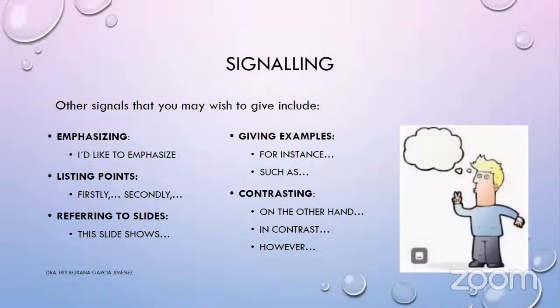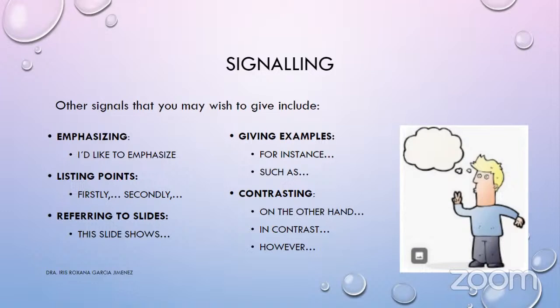About signaling, you get specific expressions that can show you how to give importance, or how to show great ways to emphasize information. For example, just emphasizing, just giving more importance: I'd like to emphasize. Very easy at this point. Or maybe listing points: firstly, secondly, and so on.